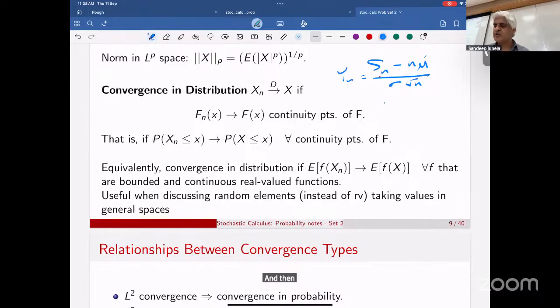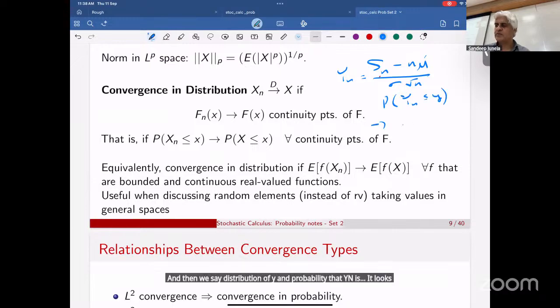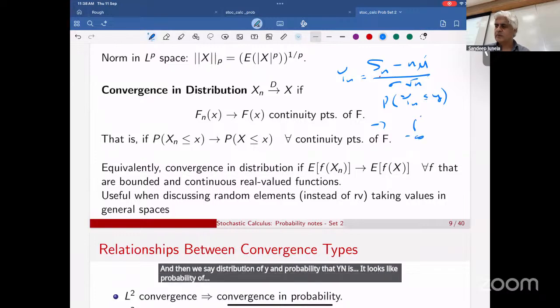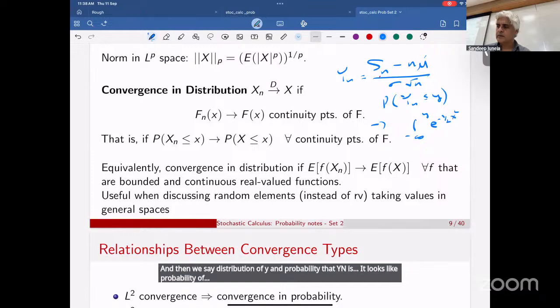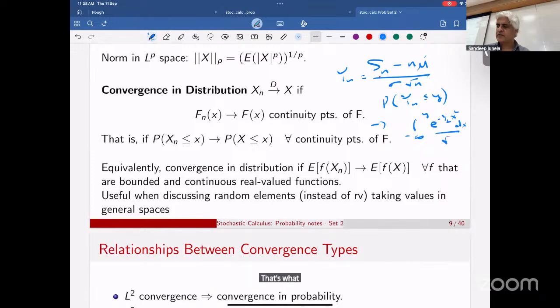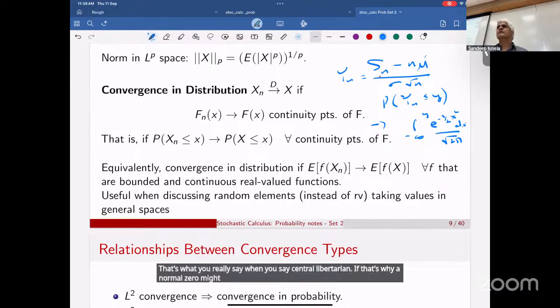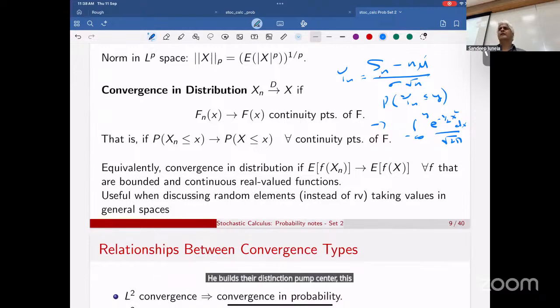And then we say the distribution of Yn, the probability that Yn is at most x, looks like the probability of a standard normal being at most x. That's what you really say when you say central limit theorem. In that case, a normal (0,1) random variable might not even exist as such, but in terms of the distribution function, it is perfectly valid. Distribution functions, of course, exist for random variables.